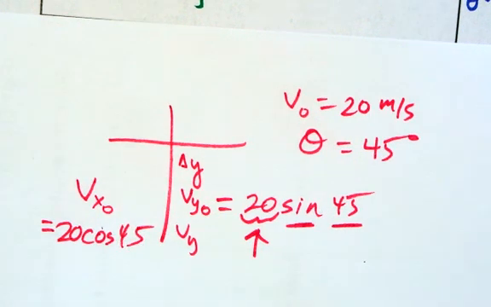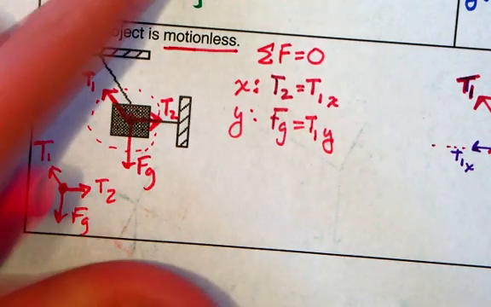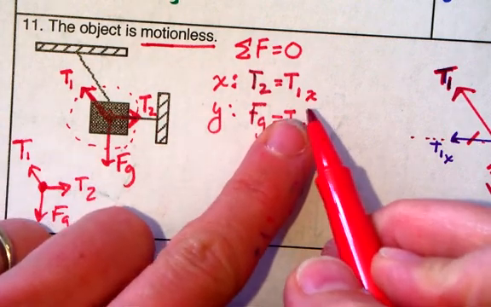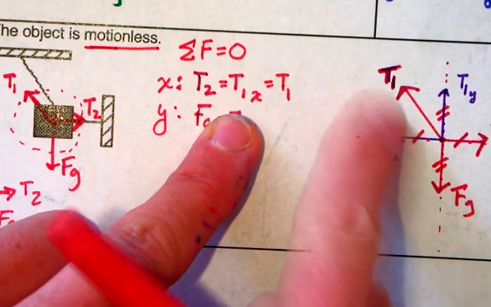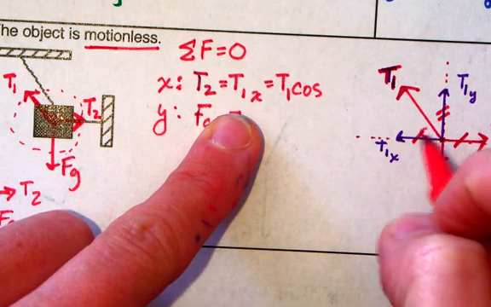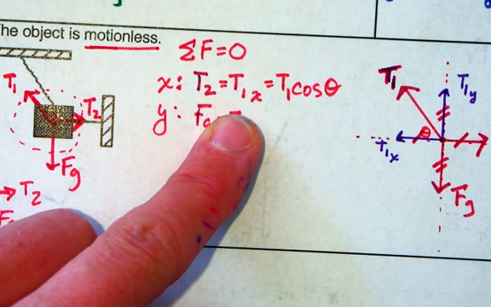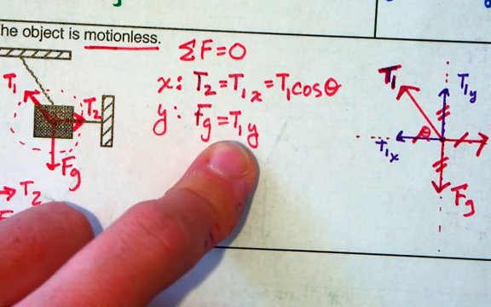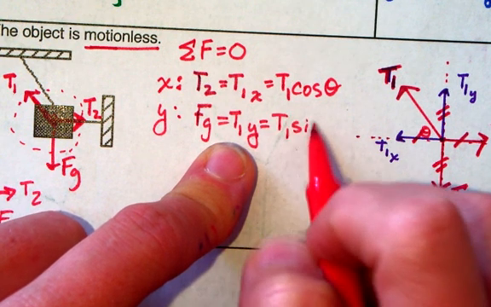Well, guess what? That's what we're still doing. The component vectors work the same way. Even though now we're not with velocity, now we have forces, the components work exactly the same. So this T1x here is actually T1, this resultant vector, times the cosine of whatever this theta here is. So it would be the theta value with the x-axis. So this T1y component is going to be what? T1 sine theta.